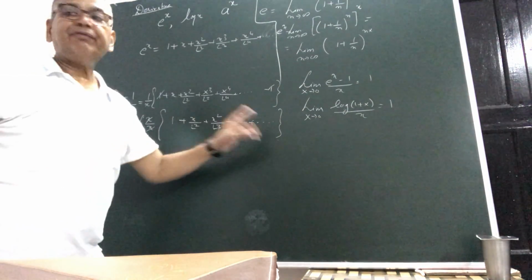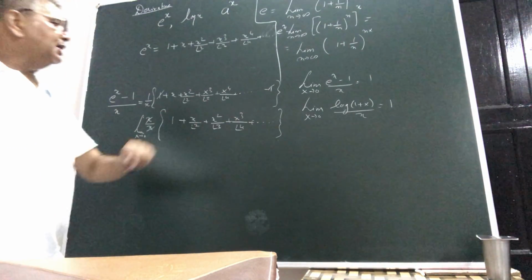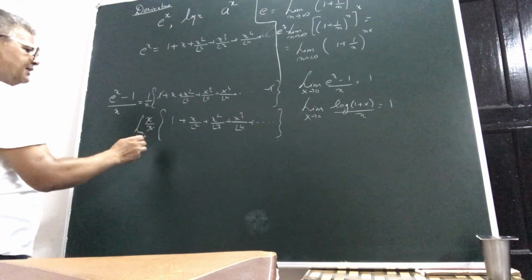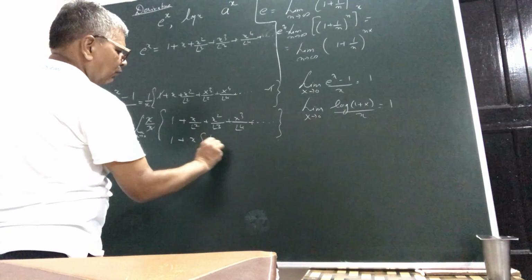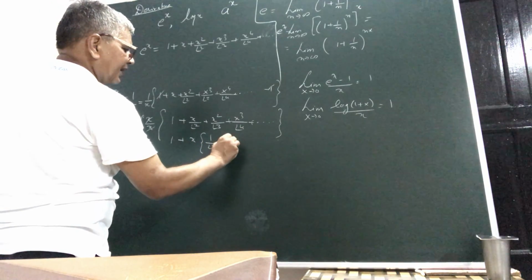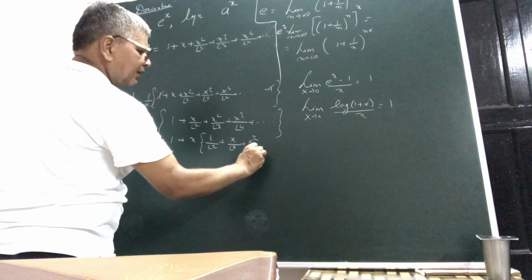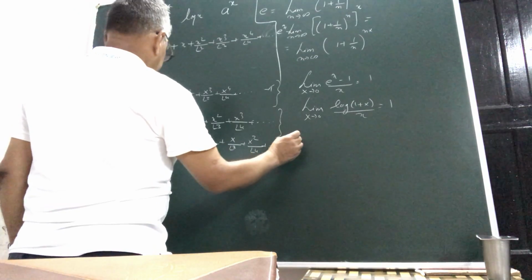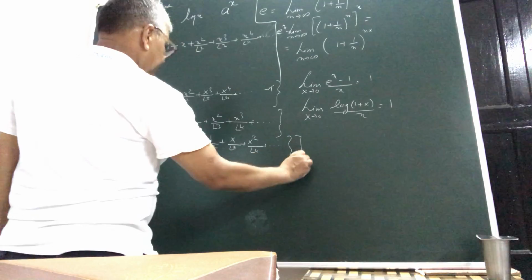See, here are infinite terms, and unless you show that this series converges, you will take x common here, I tell you. You get 1 upon factorial 2 plus x upon factorial 3 plus x square upon factorial 4, and you close it.